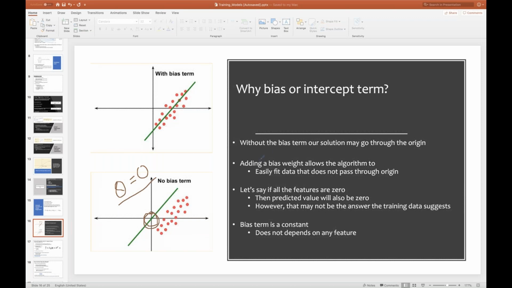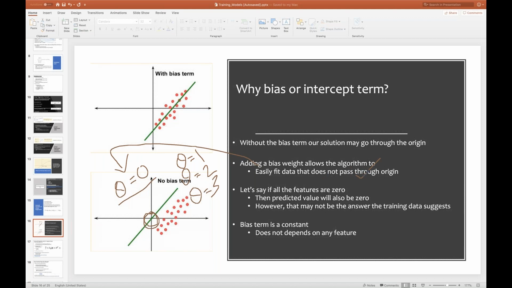Now, if you add a bias weight, let's say theta equal to 1, or 2, or 3, or 4, like that, whatever it is, this will easily fit the data and does not pass through the origin. That is the importance of the intercept value.